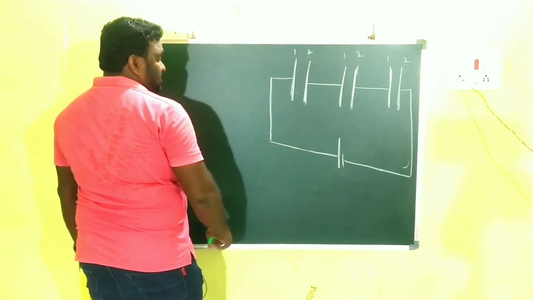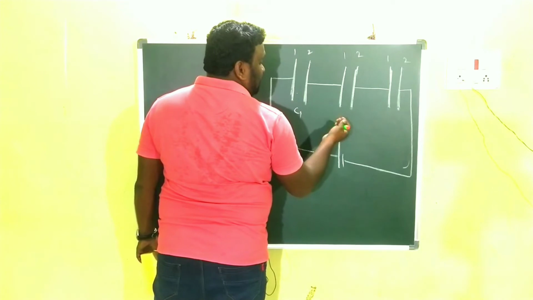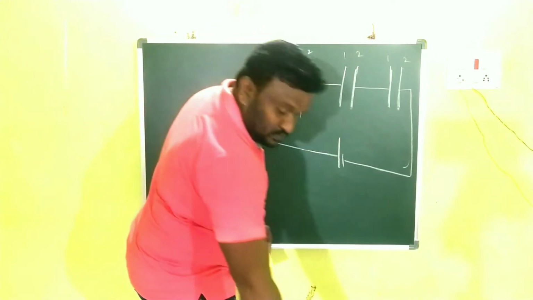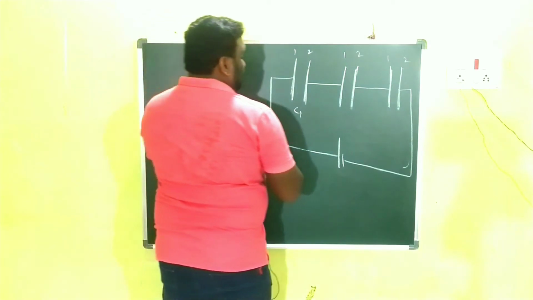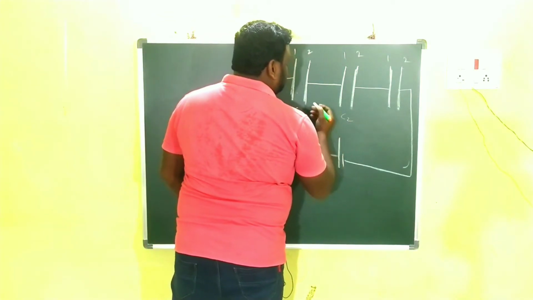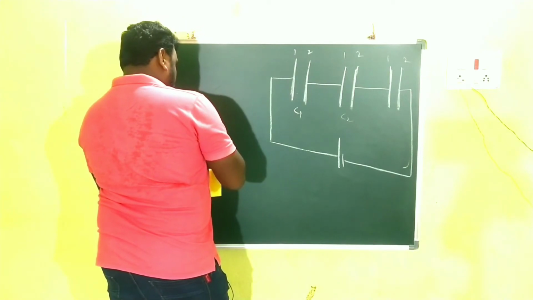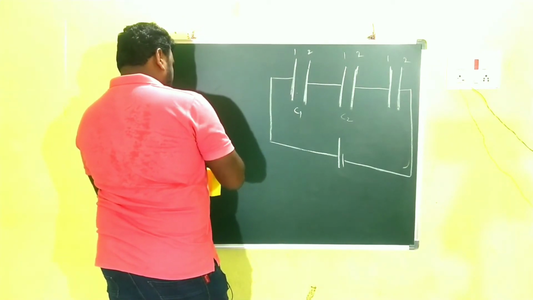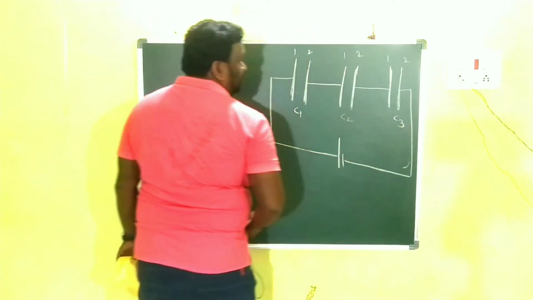So in this case, this is the capacitor of capacitance C1, and this is C2, and this is the capacitor of C3.